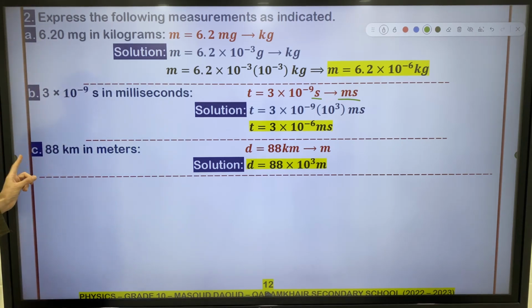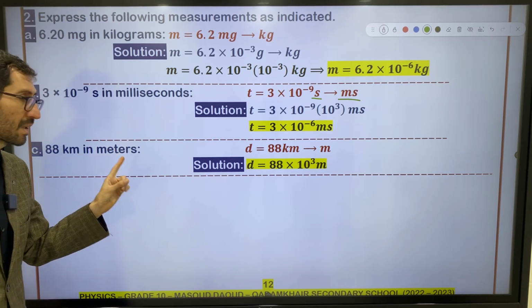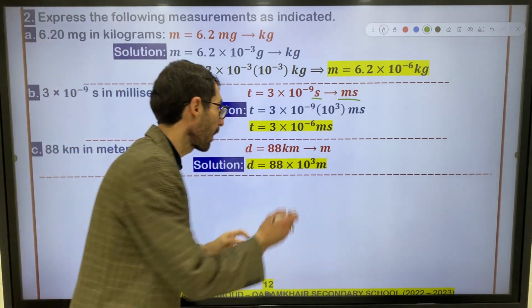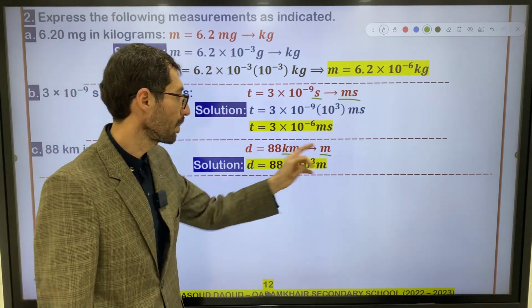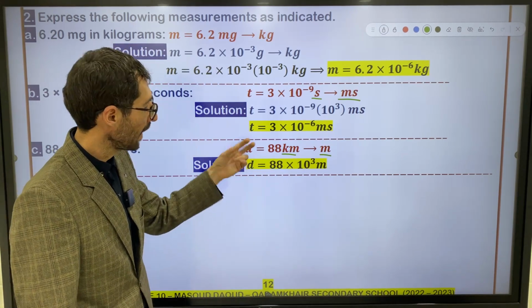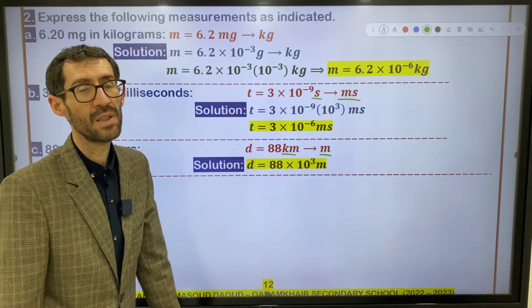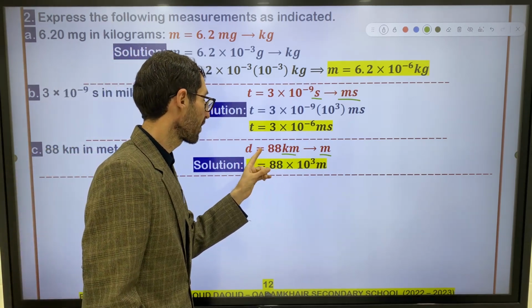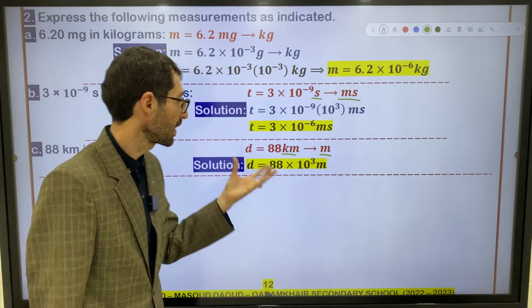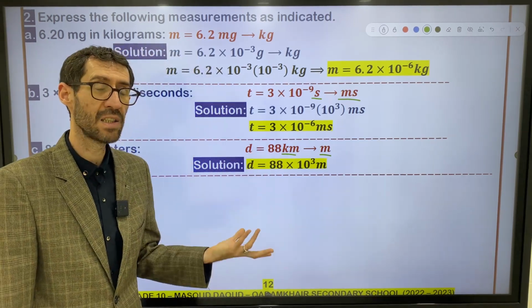About the last one, C, 88 kilometers, we want to convert it to meters. So from large to small as well, like this one. Here, just write the value of kilometers without changing the sign, because the situation is already satisfied.